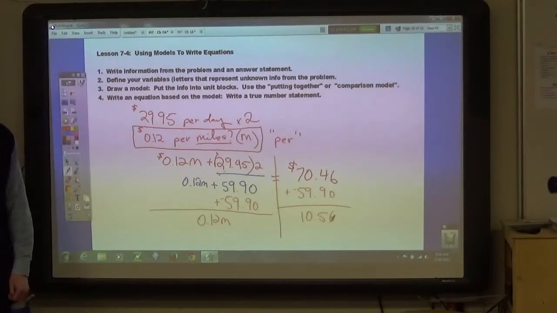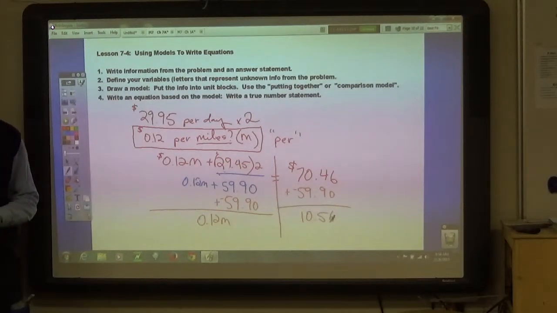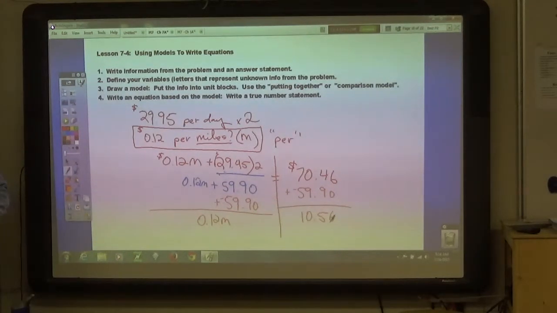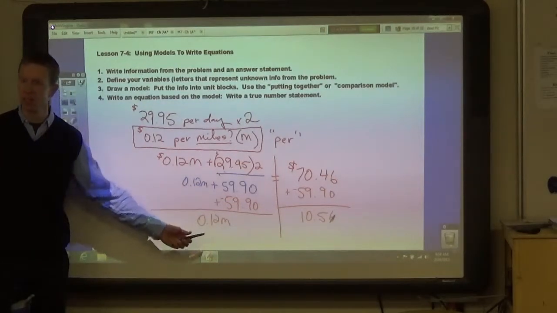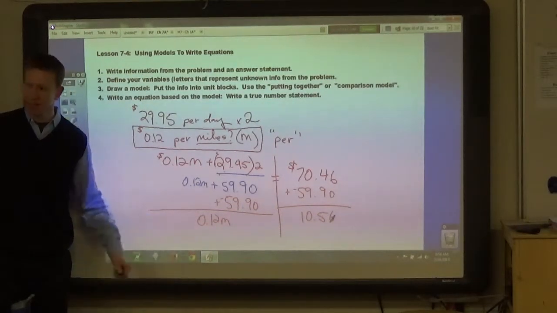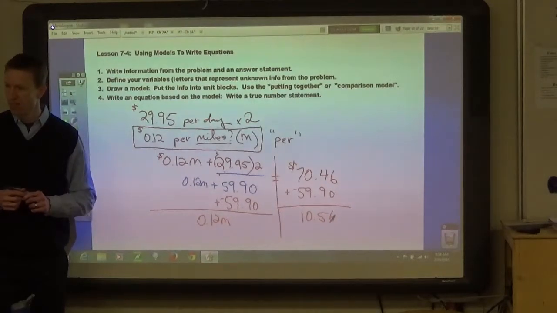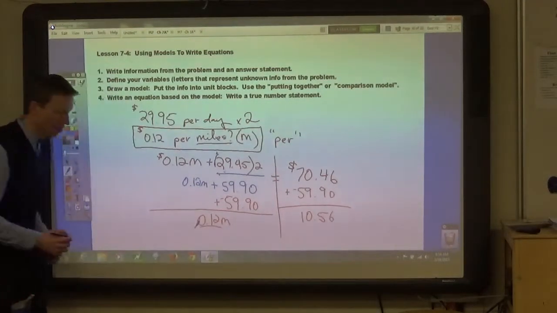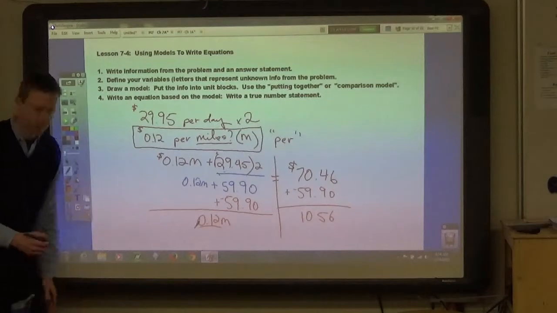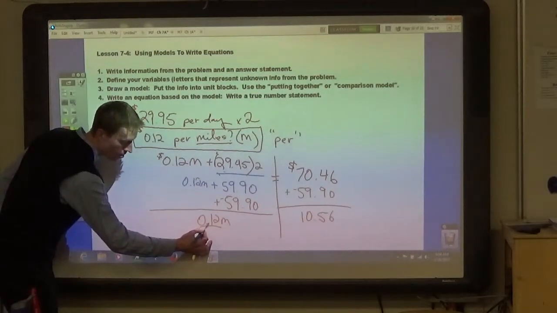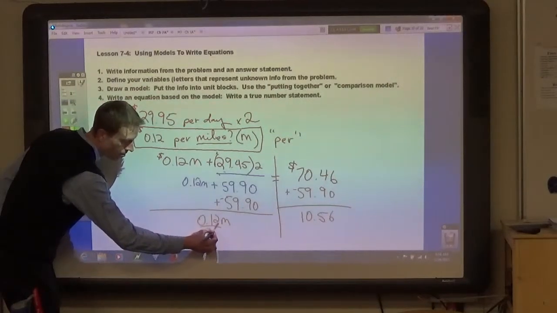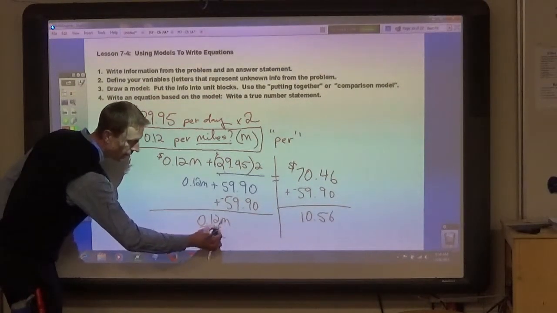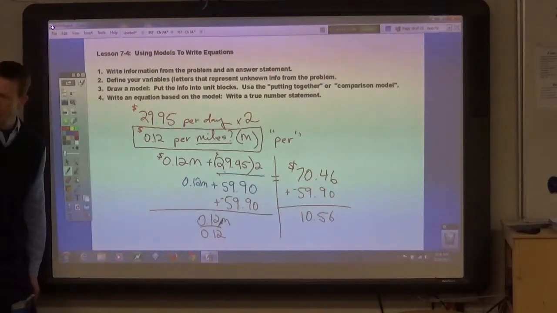Okay? Now what? Keyshawn, multiply by the reciprocal. Since this is a decimal, we can show that by dividing. What are we doing here? Divide by 0.12, yes.